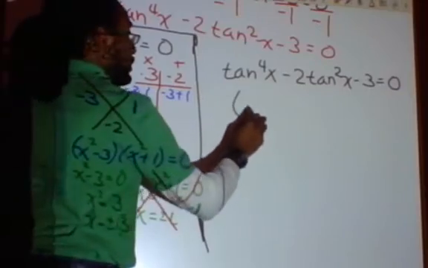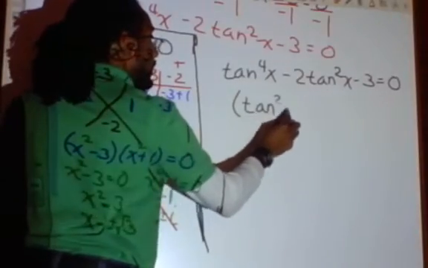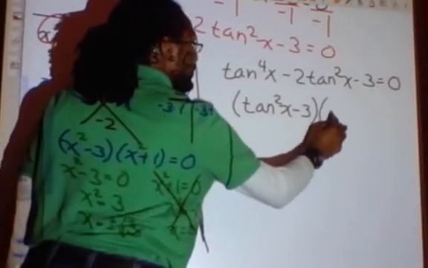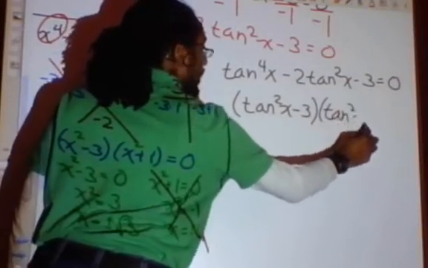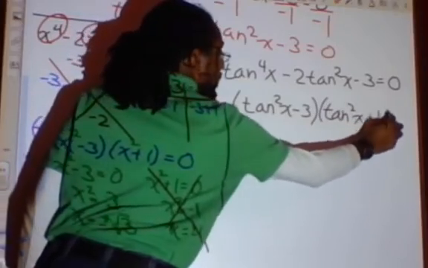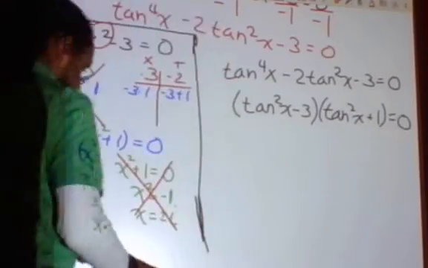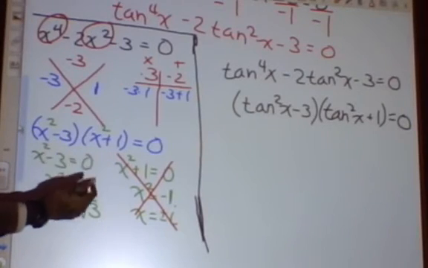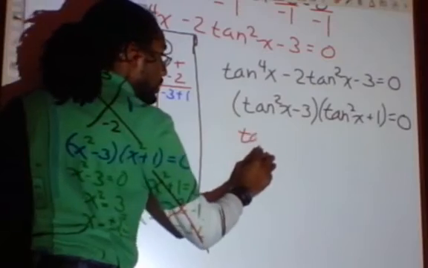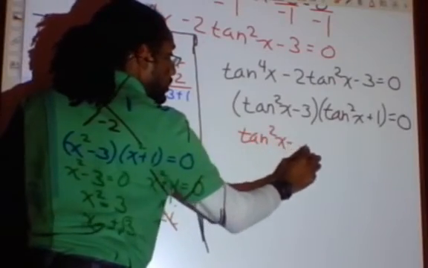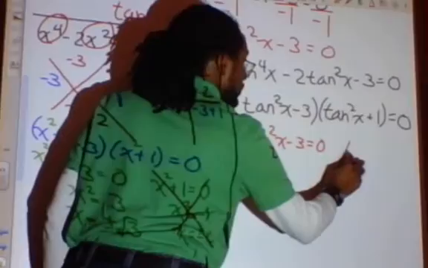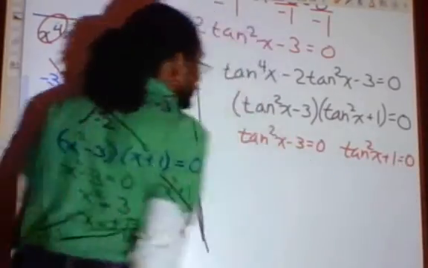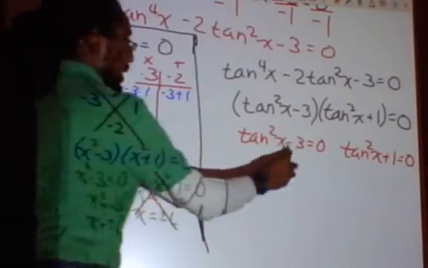So we can break it down to tan squared x minus 3 times tan squared x plus 1 equals 0. And then just like we did here, we broke them up, we set them both equal to 0 and we solved them out. And then we solve it out. So we add 3 to both sides.